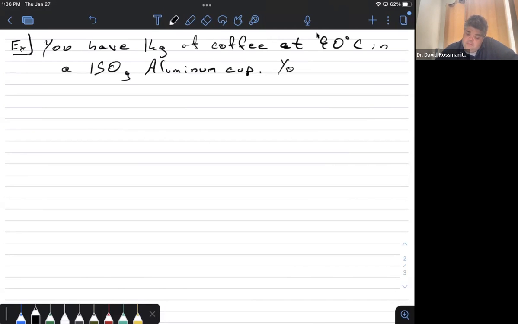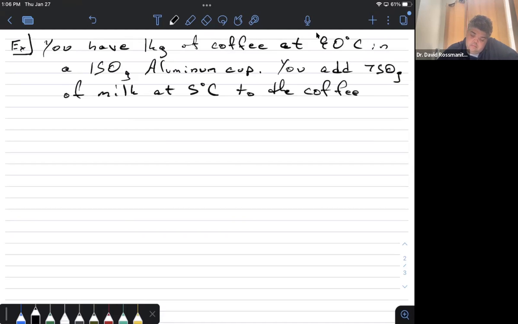You add, let's say, 750 grams of milk at 5 degrees Celsius to the coffee. What will be the final equilibrium temperature?